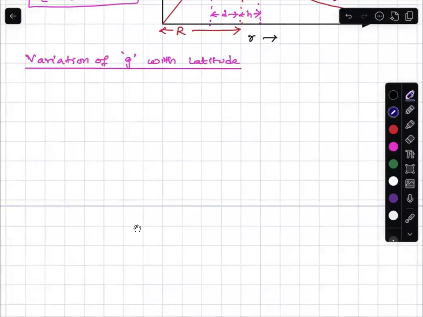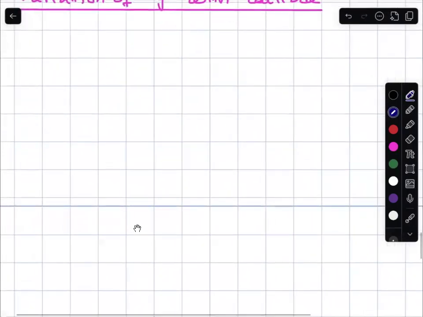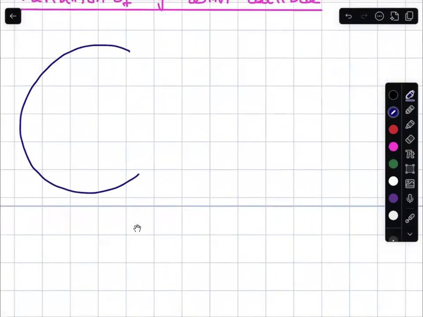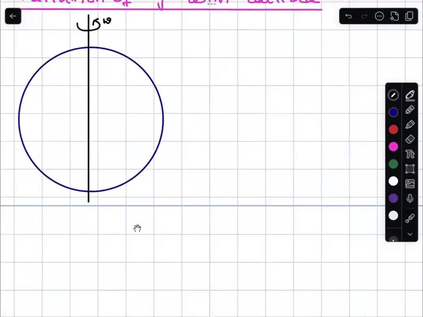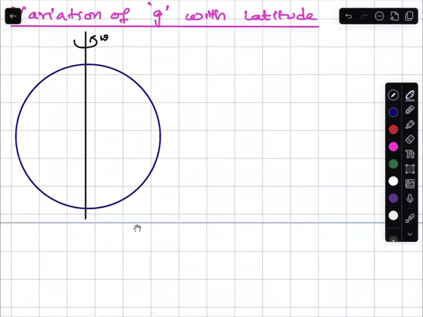Okay. Now, how to study this particular concept? Boys, this is your Earth. And this is the axis about which our Earth rotates. Now, I wish to select a point over here.